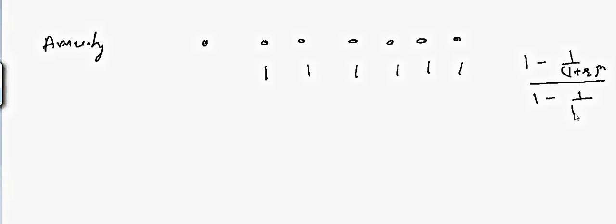And I told you the value for this is 1 minus 1 by 1 plus r raised to power n divided by 1 minus 1 by 1 plus r. So this is your value of the annuity, the value at this point.